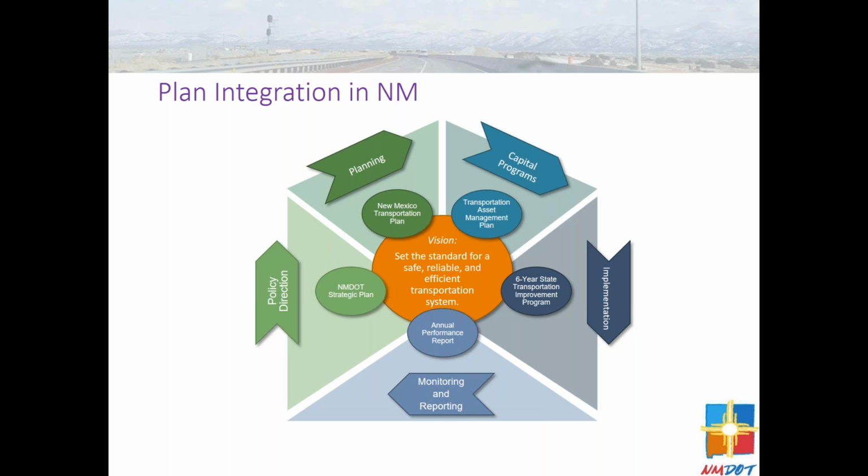These things are all linked together, and when you look at what is our agency vision in the center, all of these pieces have to link together, and really in order to get that annual performance report based on what are the projects that we identified and what are the projects that are in our long-range plan, and is that still in line with our asset management plan and where that is going on the 10-year basis, and then trickling down to result in the STIP and the projects that we're implementing.